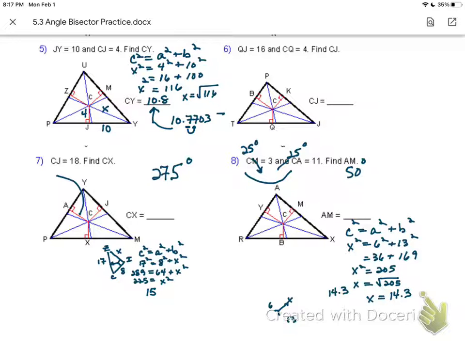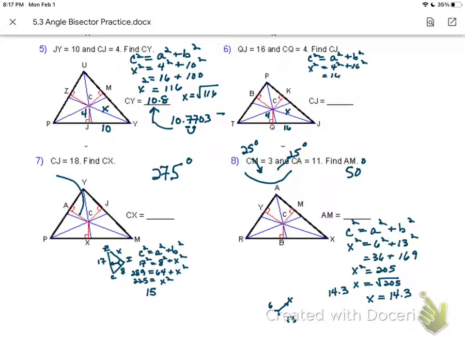Okay, we have one more, and it is problem 6. So let's see what they're giving us. QJ, which is the bottom here, is 16, and CQ is 4. They want to find CJ, which is where I put my X. Once again, c squared equals a squared plus b squared, and the c side is the x, and then take each of the legs and square them.